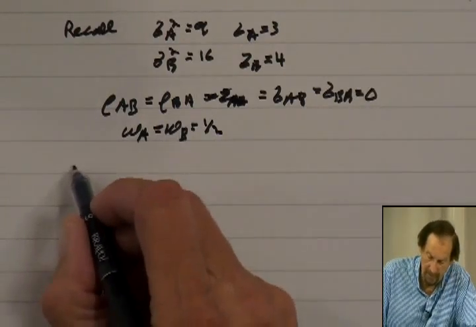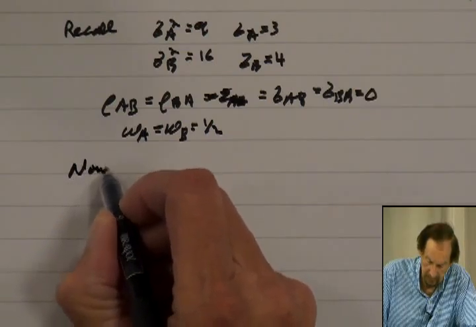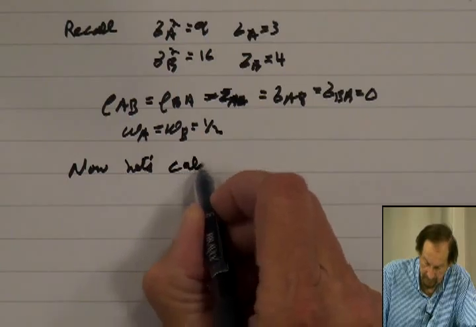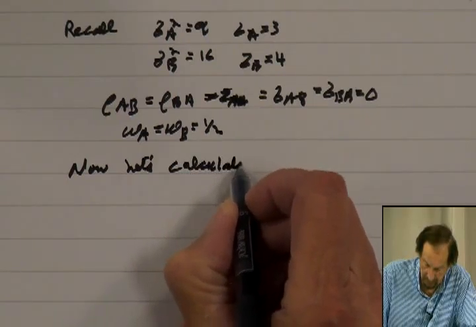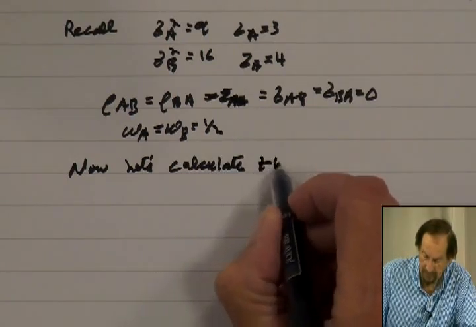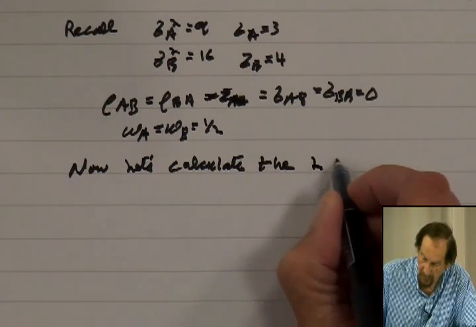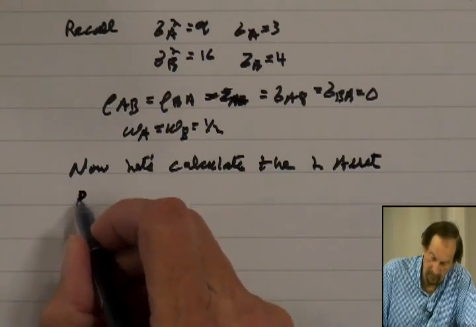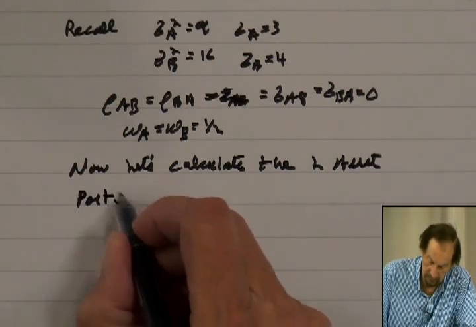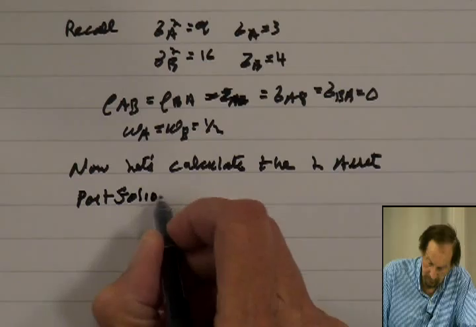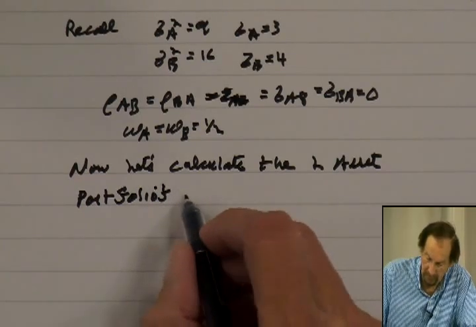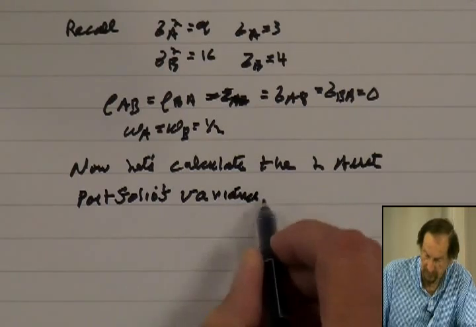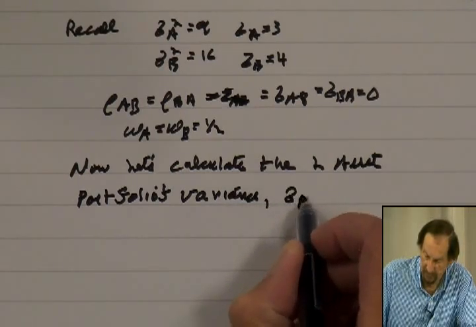So now let's calculate the two asset portfolio's variance, sigma p squared.